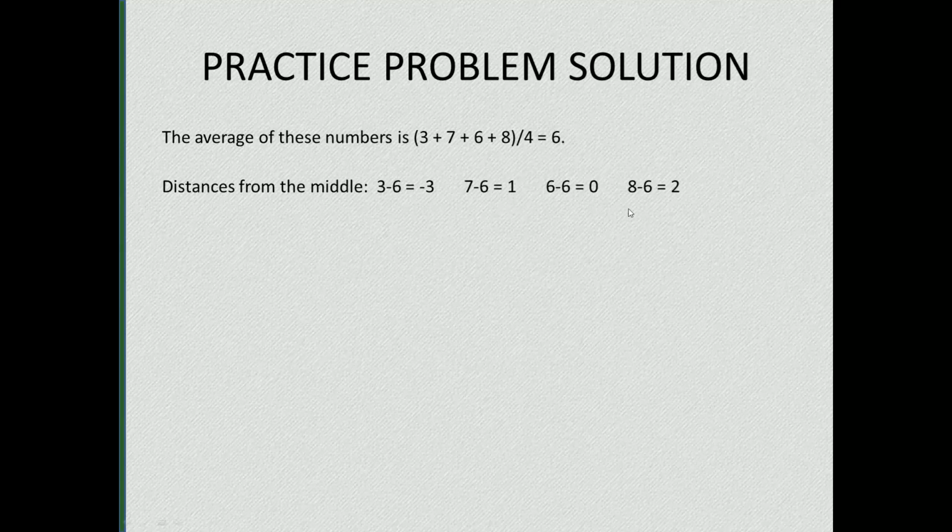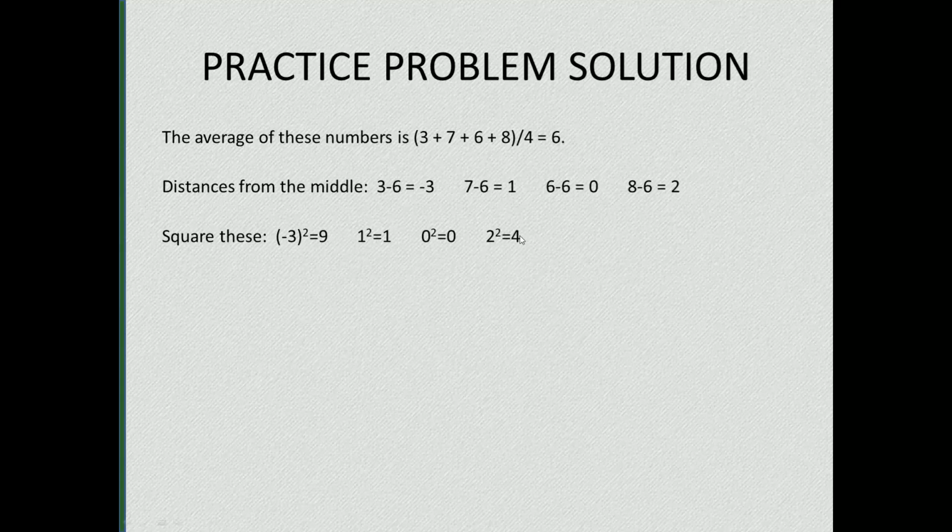Notice the negatives will balance out the positives. To keep that from happening, we square everything in sight. Minus 3 squared is positive 9. 1 squared, 0 squared, 2 squared.